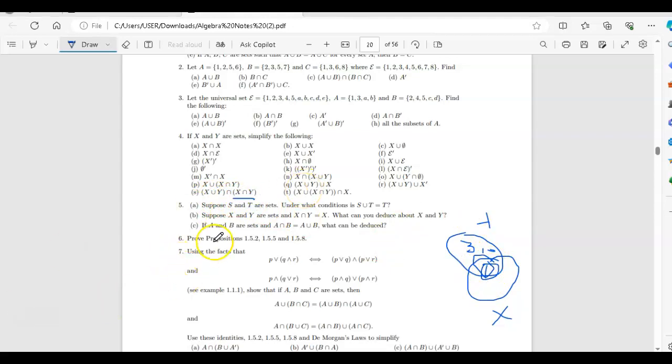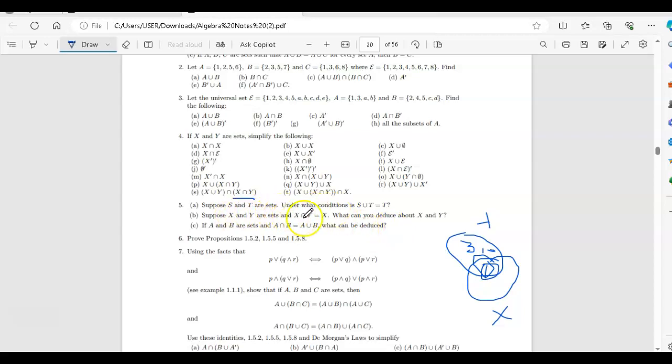Okay, the next one, 5, B, and C. B: suppose X and Y are sets and X and Y is equal to X. What can you deduce about X and Y? If you think about it, they're both equal. Let's draw it.